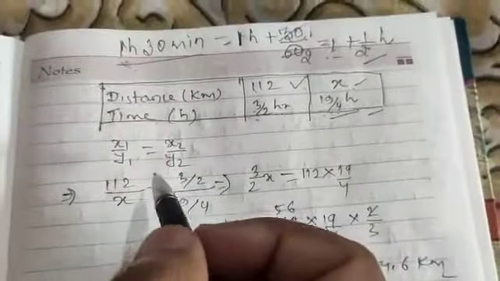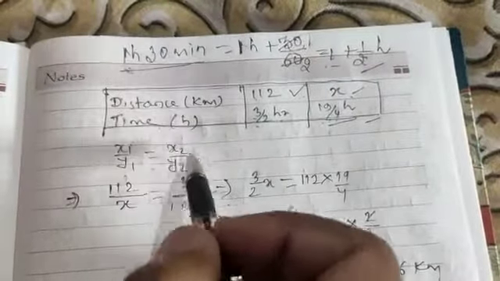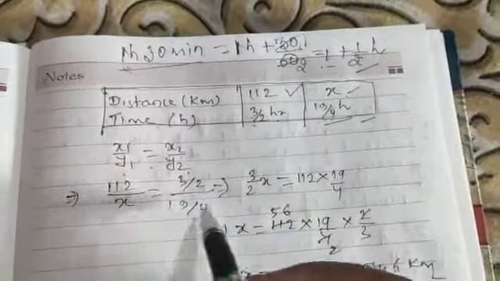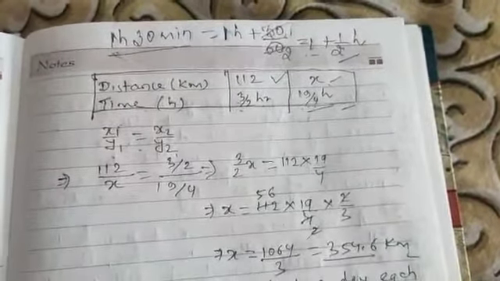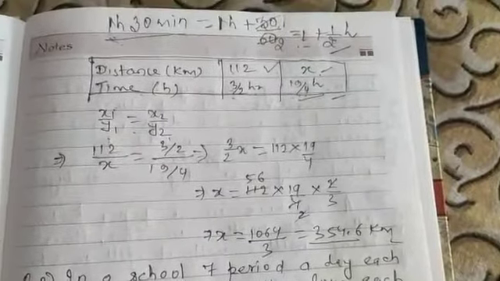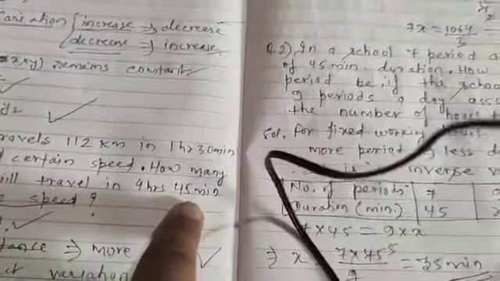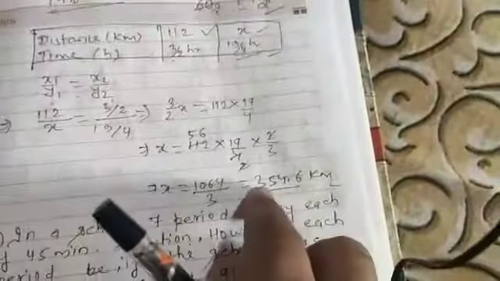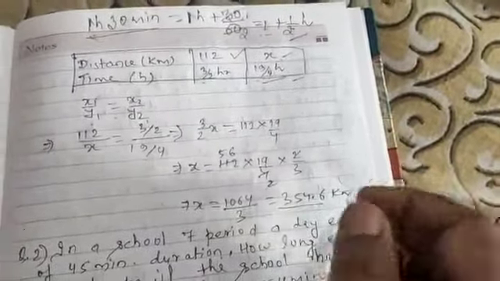Since it is direct variation, we apply x1 by y1 equal to x2 by y2. Putting in the values and solving, we get 354.6 km. Therefore, in 4 hours 45 minutes, the distance traveled will be 354.6 kilometers.